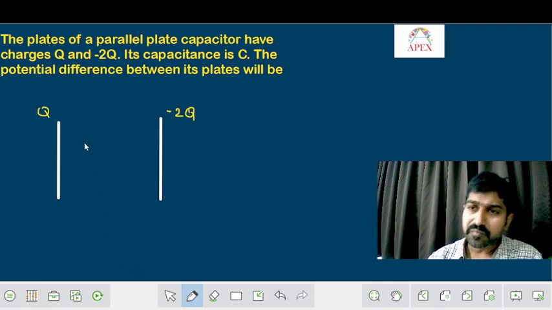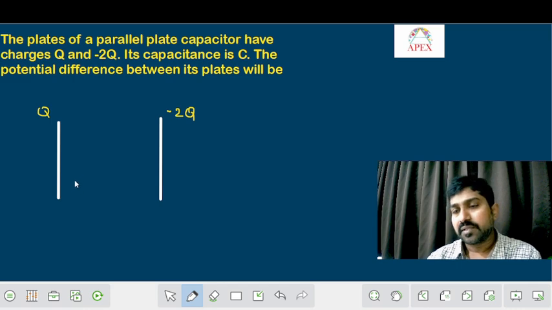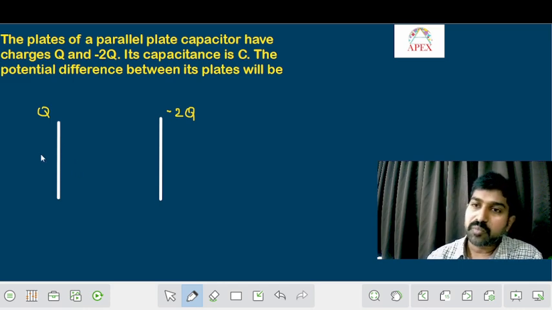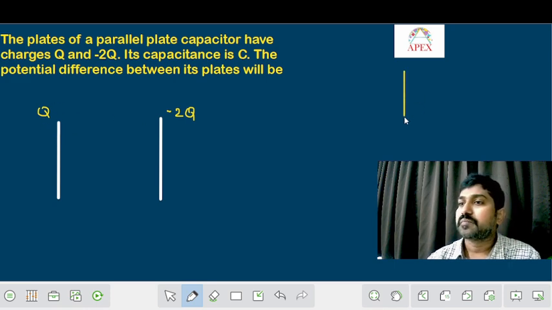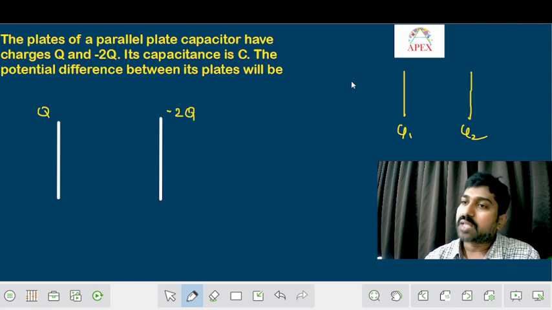Now, when charges are taken in such a way, then in general, when both are connected, due to induction on the outer surface of the capacitor plate, if the charges are q1 and q2, I will separately write here. If the charges here are q1 and q2, on the outer surface always the charge will be (q1 plus q2) by 2.